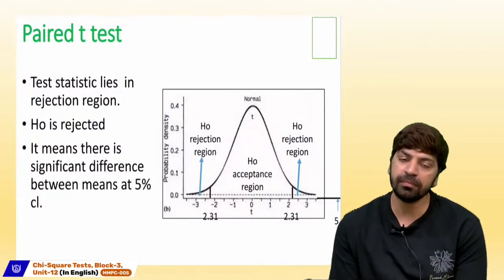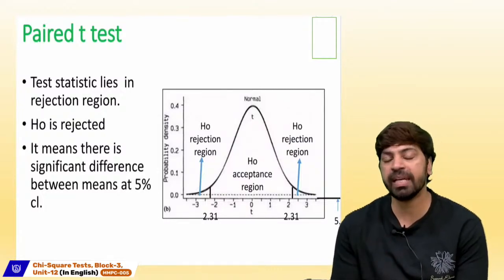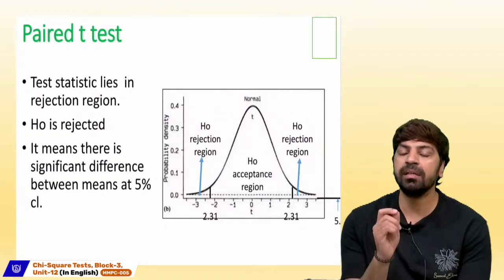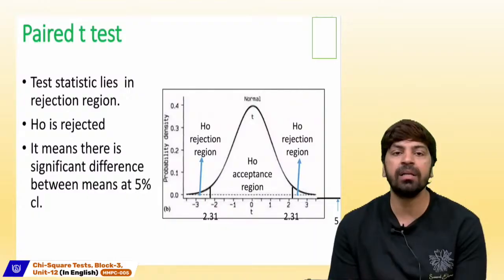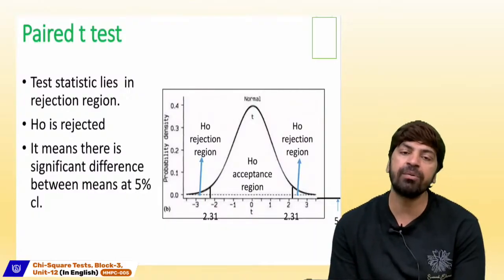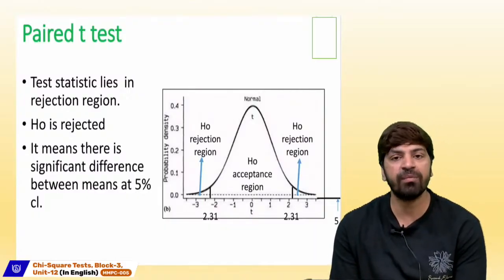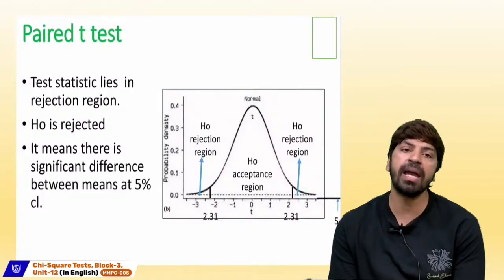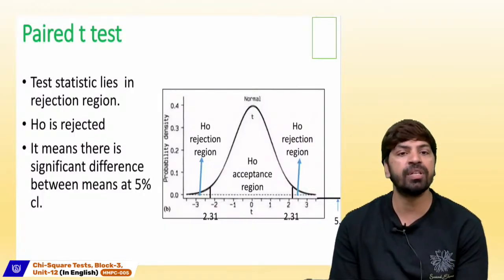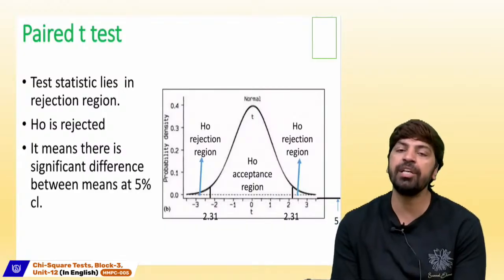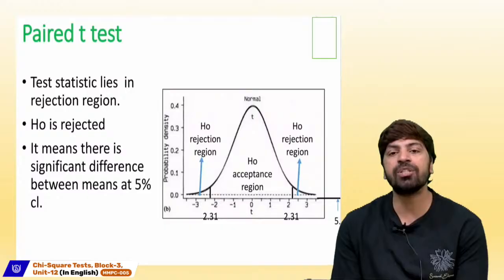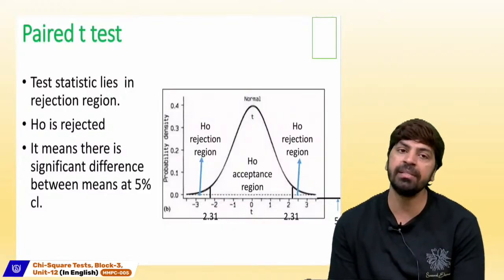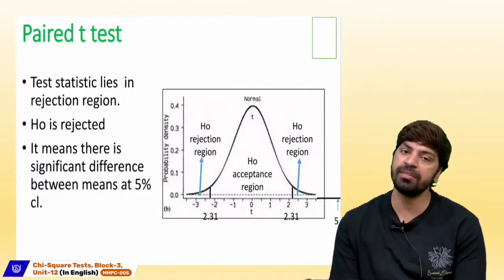In other words, the calculated value is more than the tabulated value, that is 2.31, hence the null hypothesis is rejected, and this value also arrives in the rejection region, and hence the null hypothesis is rejected.